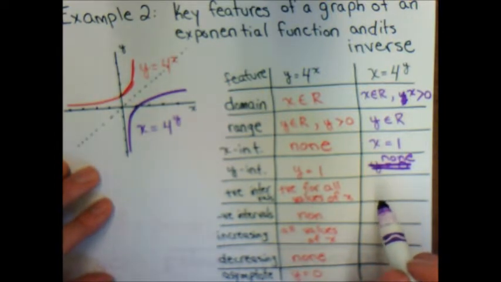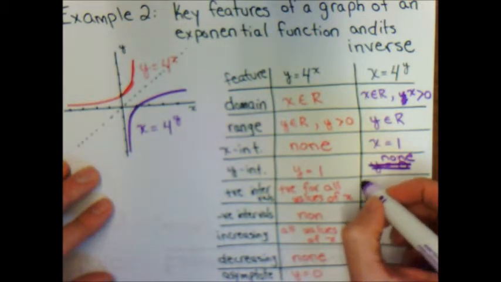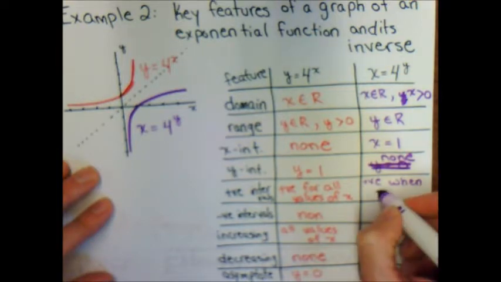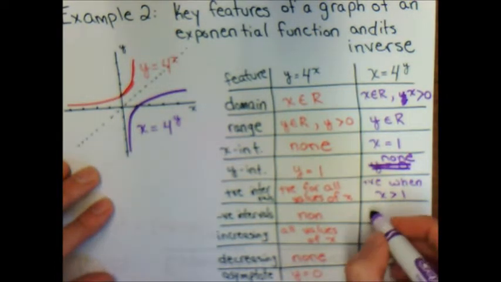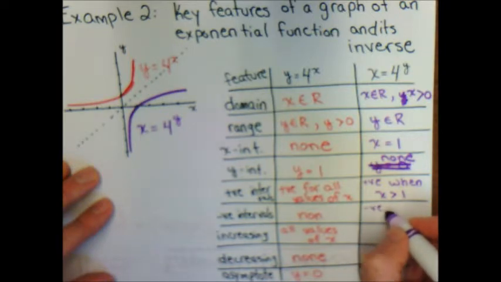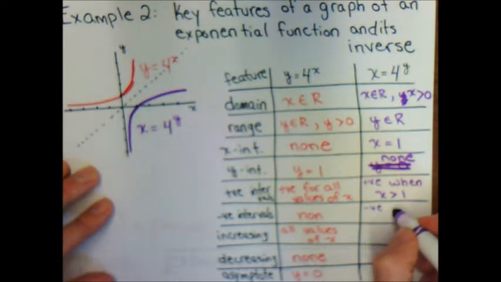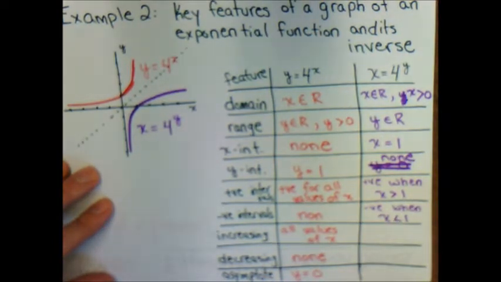We're looking at positive intervals. Well, it's positive when x is greater than 1. It is negative for x less than 1.